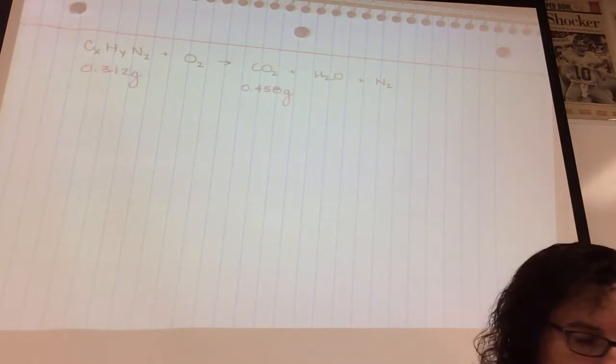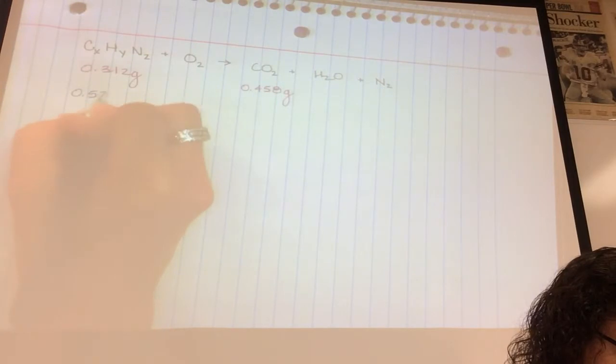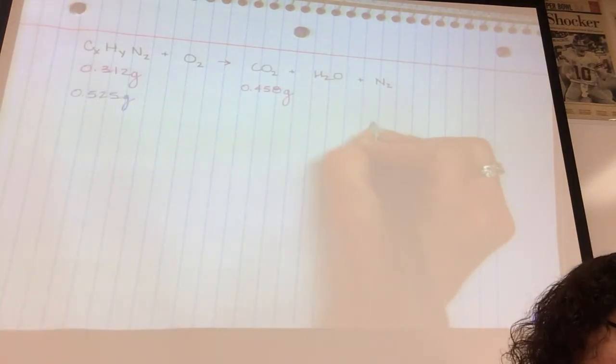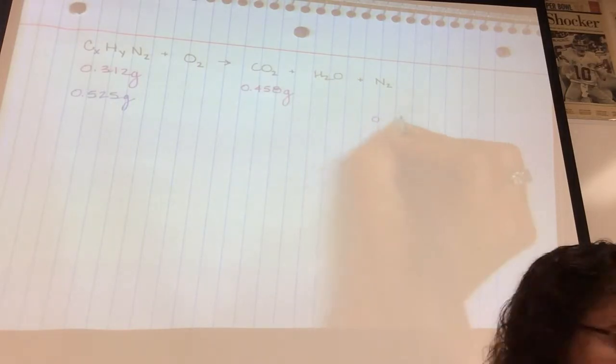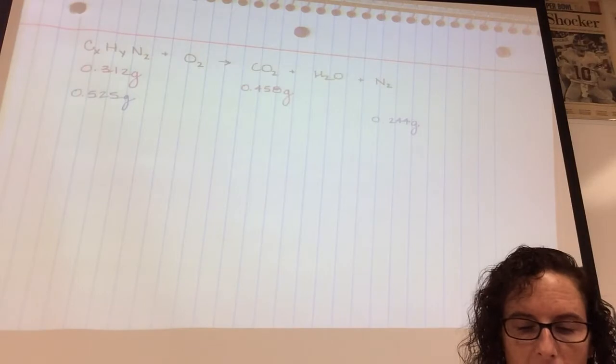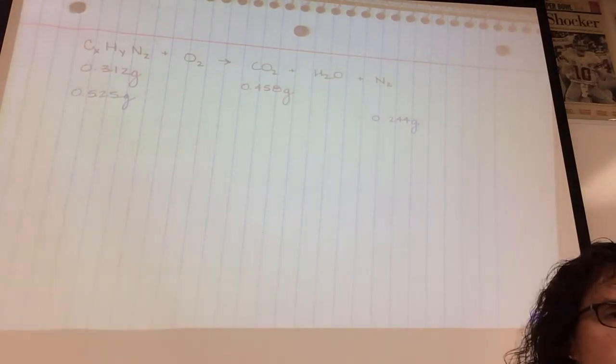The other sample is 0.525 grams, and that's going to yield 0.244 grams of nitrogen gas. So you have to do the same thing with each twice. In different pieces.